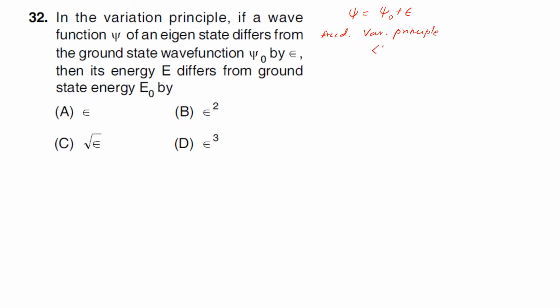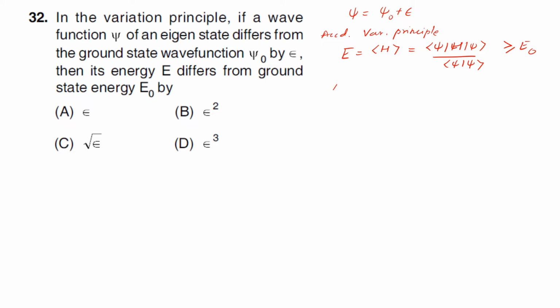the expectation value of the Hamiltonian, which is nothing but energy, is given by the bracket notation <psi|H|psi>, which is always greater than the ground state energy E naught.